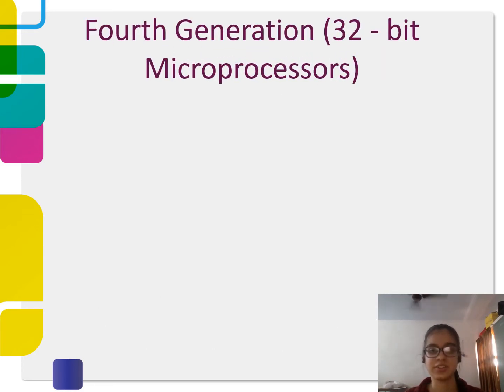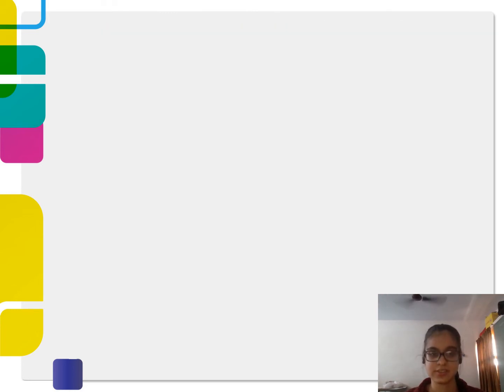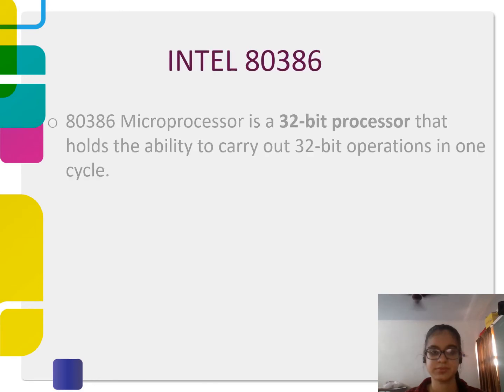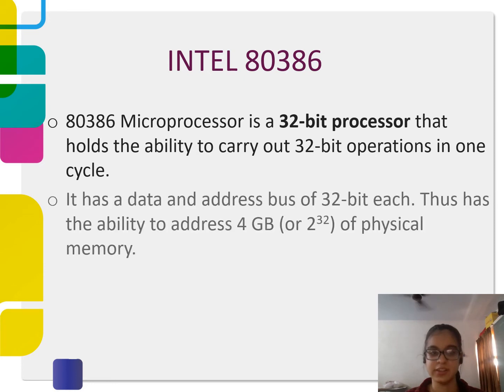Fourth generation, 32-bit microprocessor. Several different companies introduced 32-bit microprocessors, but the most popular one is Intel 80386. The 80386 microprocessor is a 32-bit microprocessor that has the ability to carry out 32-bit operations in one cycle.